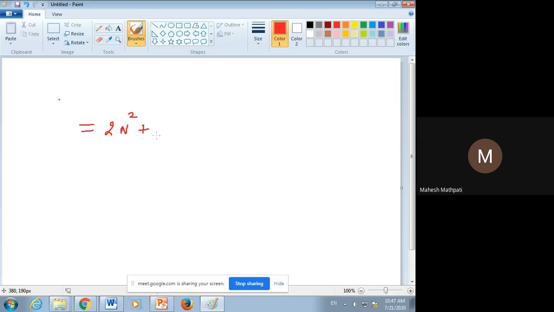Plus in the second part we have 2N square minus 2N real additions, which equals 4N square minus 2N, or simply N into 4N minus 2. To compute the total DFT, we require N into 4N minus 2 real additions.